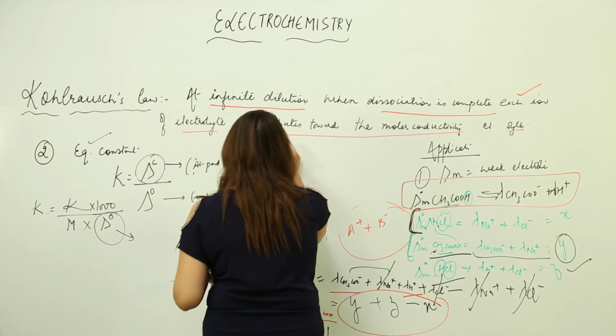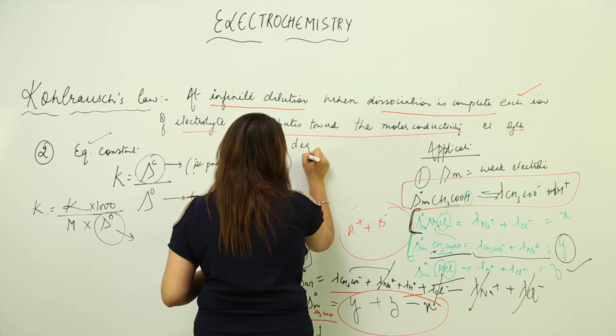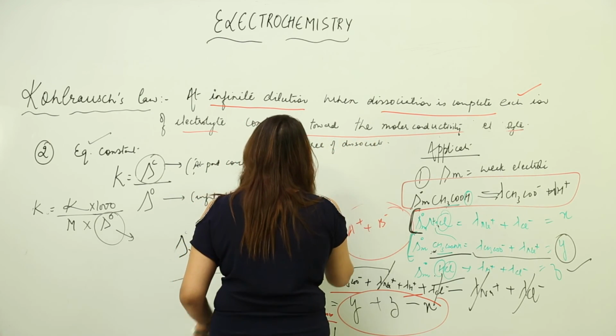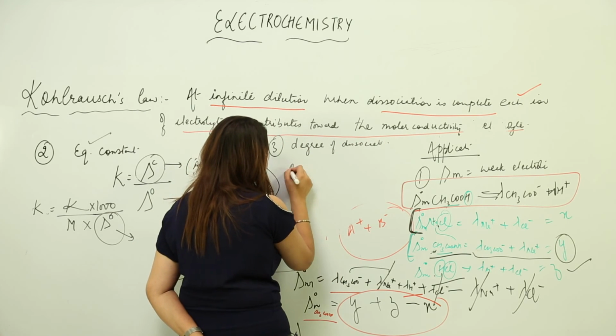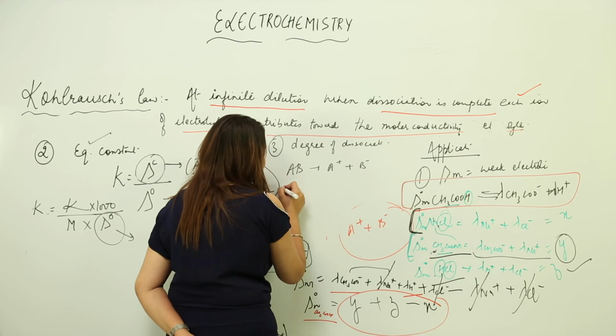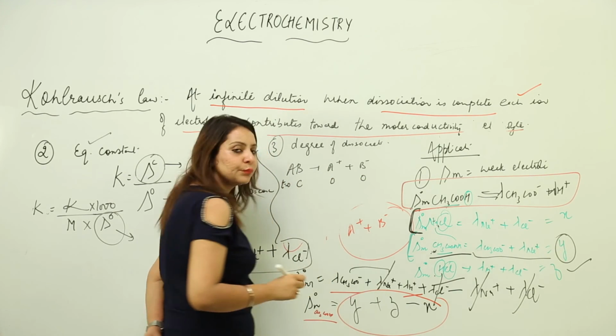Likewise, the third application is that we can actually find the degree of dissociation. Let's say suppose I have AB and it gets dissociated to form A plus and B minus. Let's say at time 0 its concentration is C and their concentration is 0.